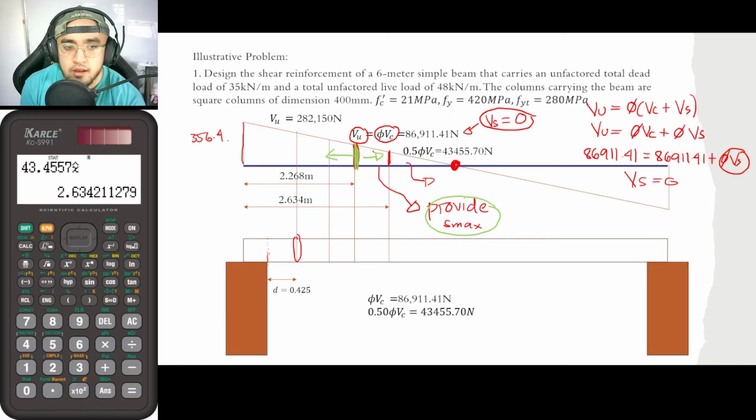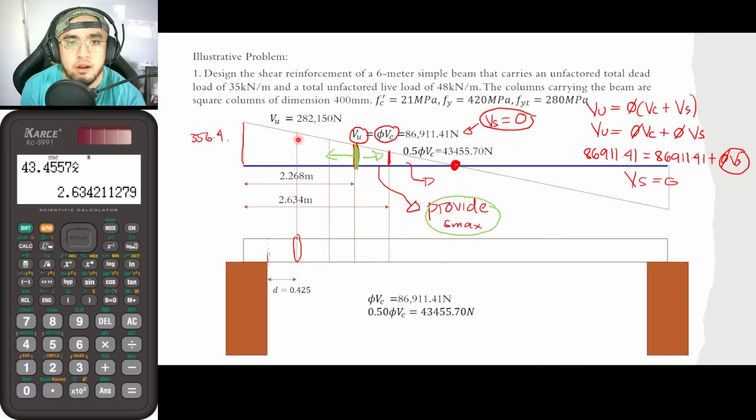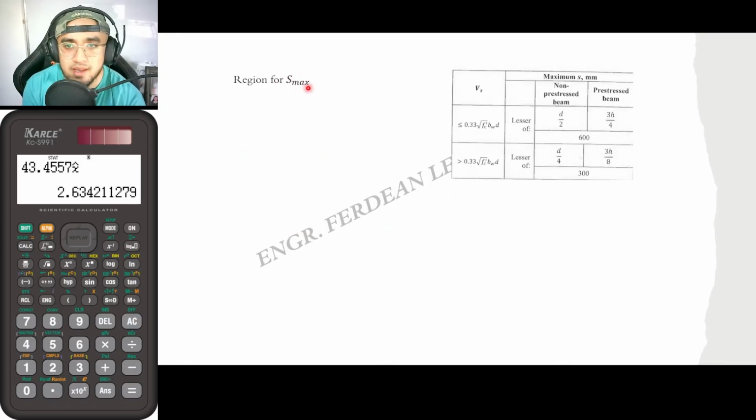Again, in this table, that 100 mm is only true for this region. At this region, Vs max is equal to 100 because this was our basis for the value of Vu. So in order for us to know what the limit of S max is, let us just back solve, I should say.